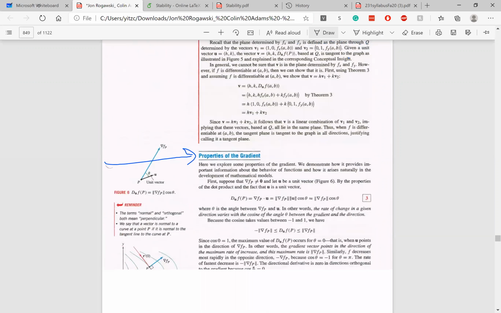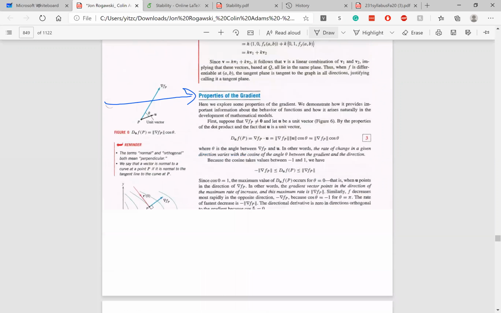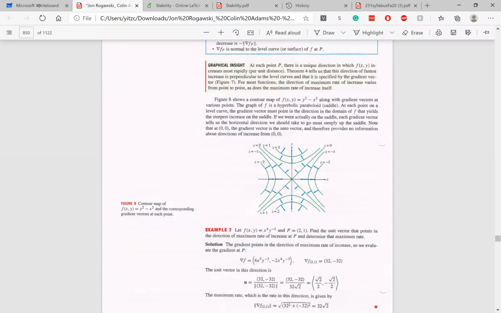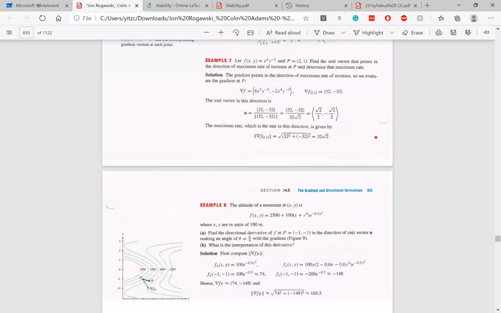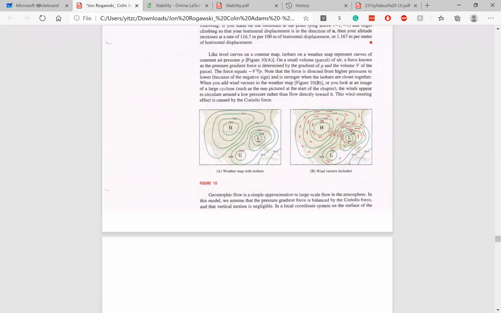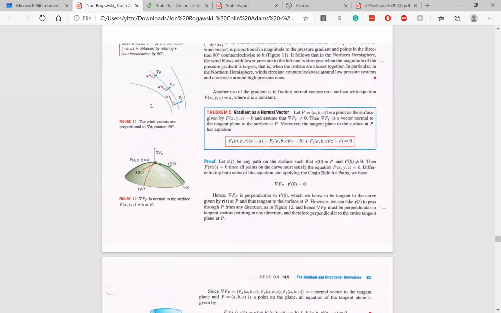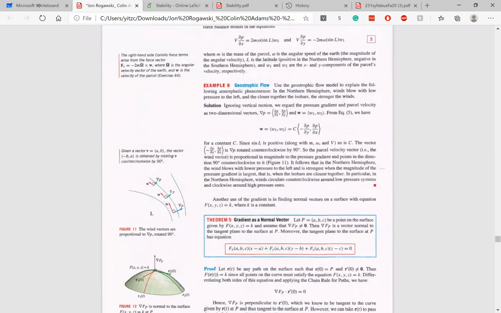Like I said before, the gradient is perpendicular to the level curves, the contour curves of the graph. So you see all of these are perpendicular. And we will talk about why that is. And then we will stop there. So that's going to be what we do next time.